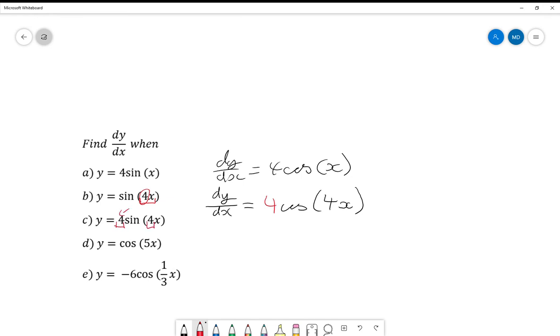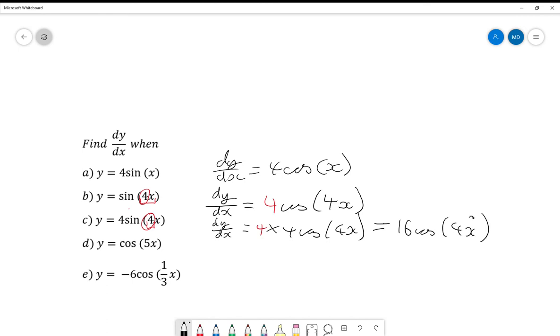This one will not have any effect, but this one will. So we're going to get dy by dx is equal to, we need to bring this 4 out, and then it's going to be multiplied by the whole thing differentiated, which is, as the first one, just 4 cosine of 4x. And that's going to be equal to 16 cosine of 4x.